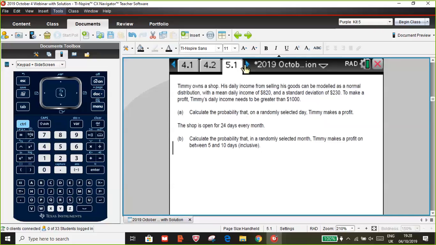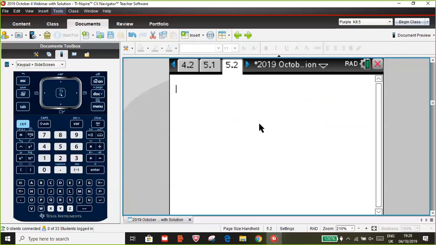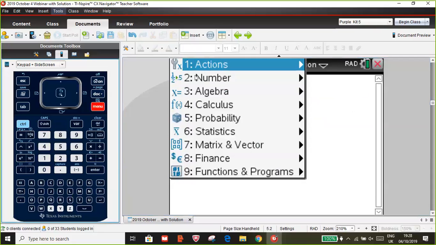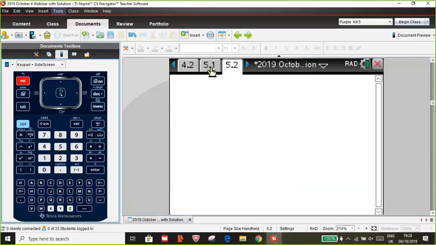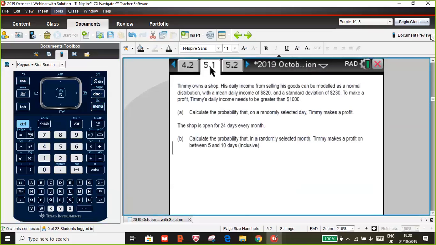Not able to see the screen. Okay, so sorry about that. So we'll do the menu. If you're not able to see the screen, let me change to a non-calculator mode. Maybe it helps.